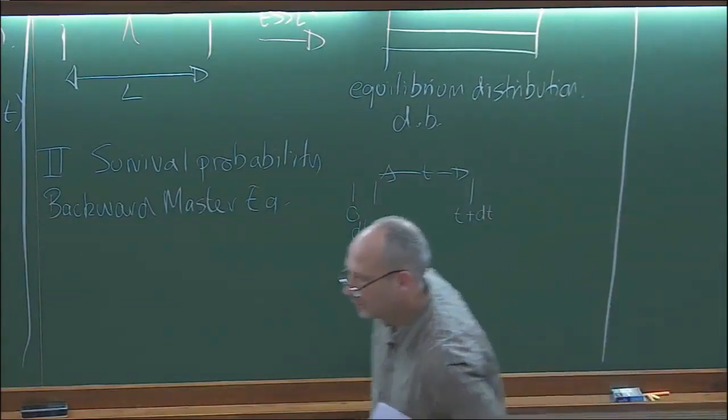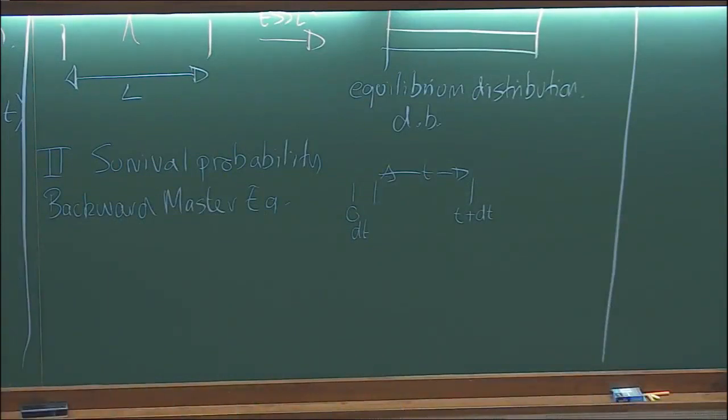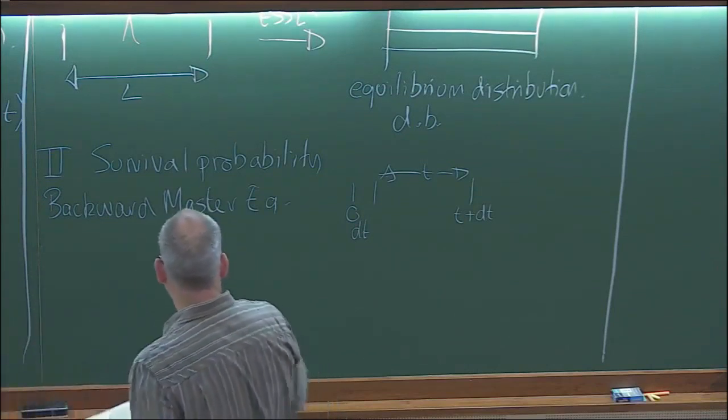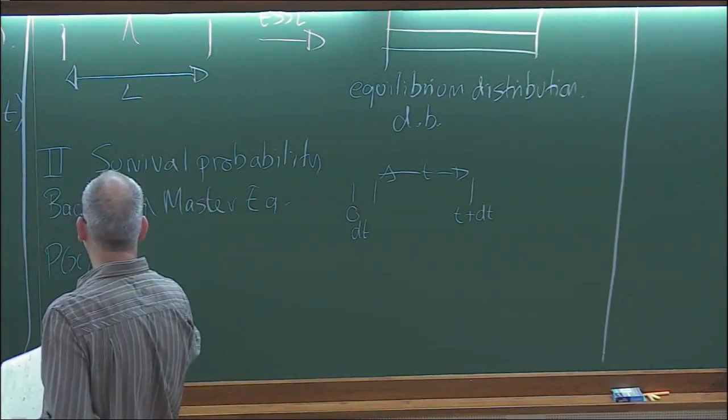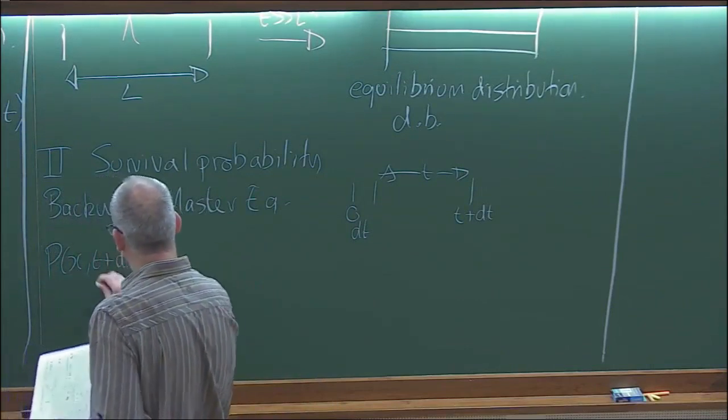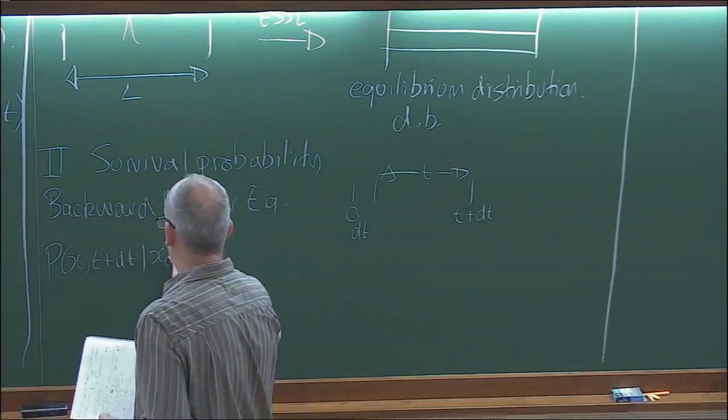So if you compare with back here, it was at the last dt that I did here. So let's do this. So again, p of x at time t plus dt. And now I need to focus on the initial condition, given x naught.